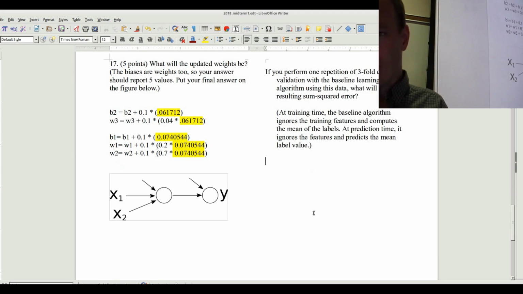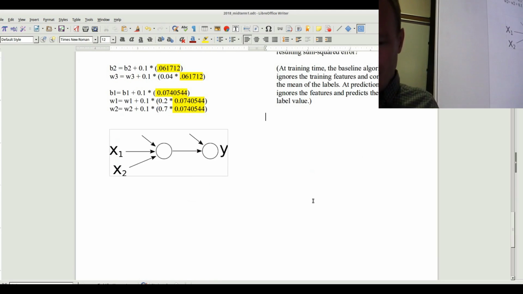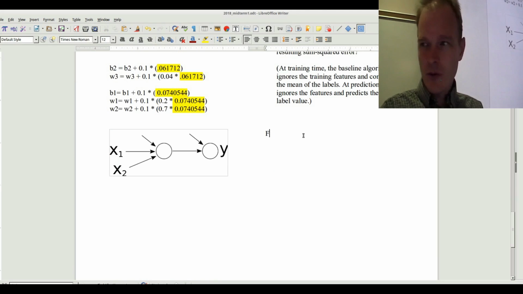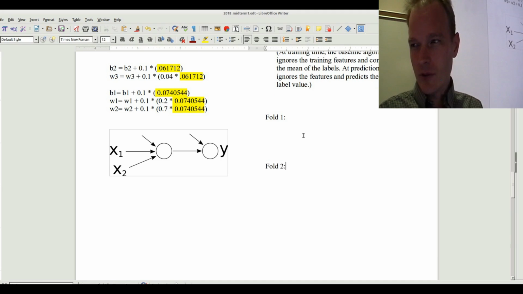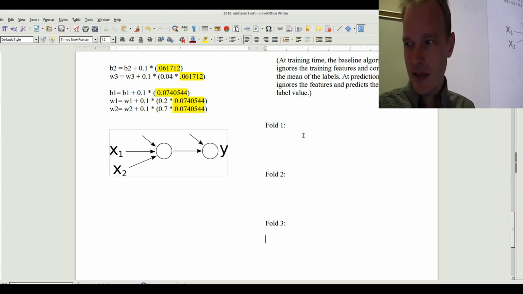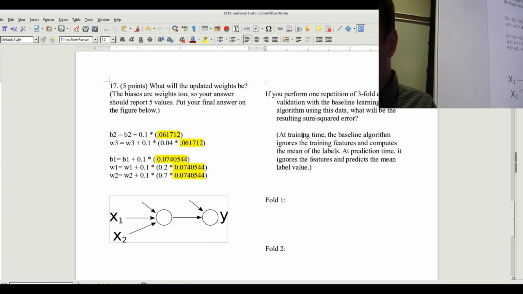Okay, so we're doing cross-validation. Let's do it. We're going to do 3 folds, so I'm just going to write fold 1, fold 2, fold 3, like that.